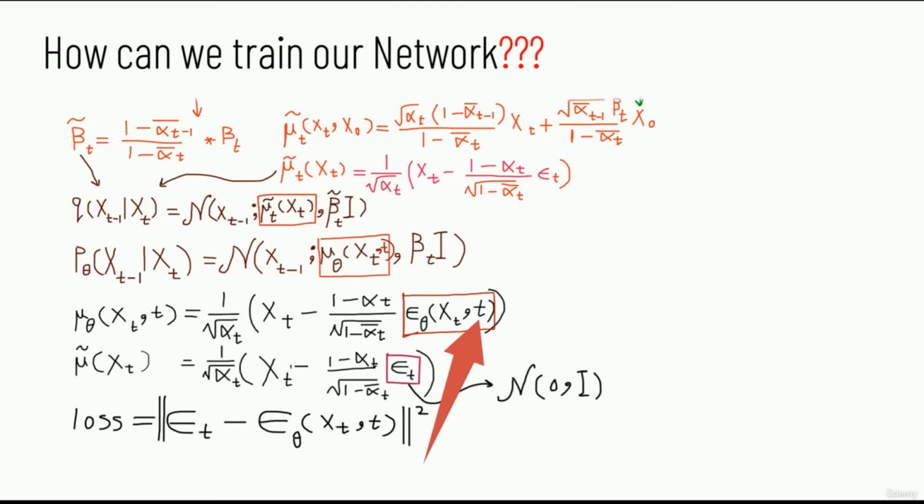So, as you know, the mean of the target distribution is equal to 1 divided by the square root of alpha t times xt minus 1 minus alpha t divided by the square root of 1 minus alpha bar t times epsilon t. This thing is our target. We want our neural network to predict this noise here.